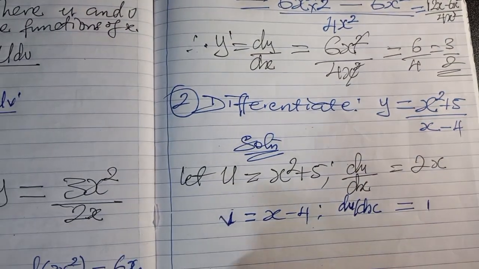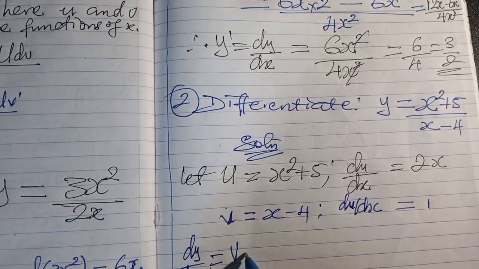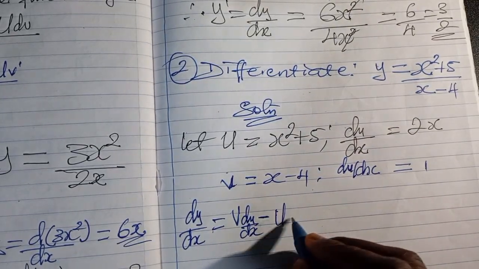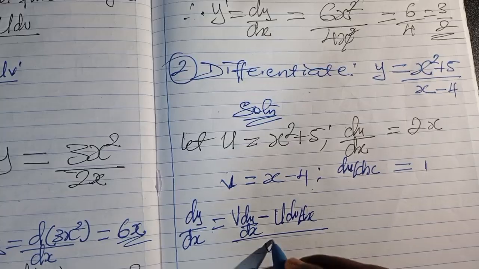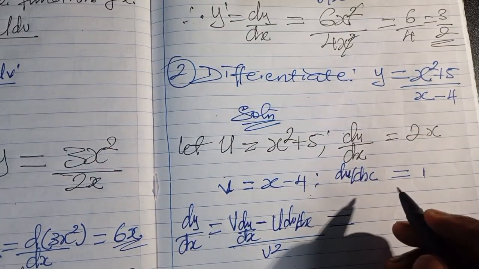So substituting, you have dy/dx is equal to v du/dx minus u dv/dx, all divided by v raised to power 2. When you substitute, v is the denominator.